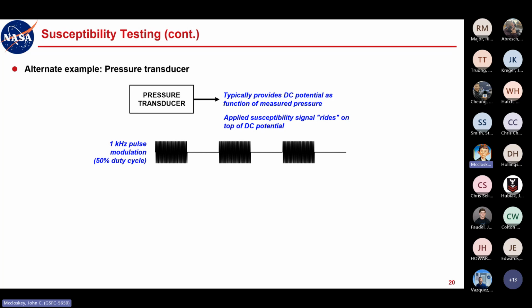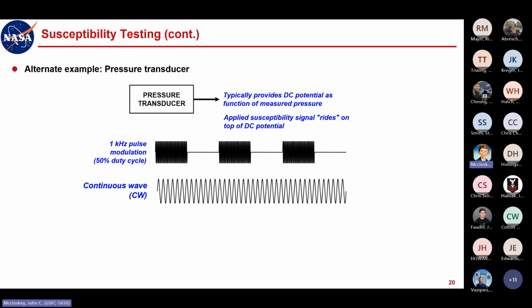So if you apply the 1 kilohertz pulse modulation, you'll get a signal that looks like that. But if you apply a CW signal, that's what you'll get. You'll just get a CW signal riding on top of the DC potential. And in this case, the CW signal may be easier to measure and quantify your susceptibility.